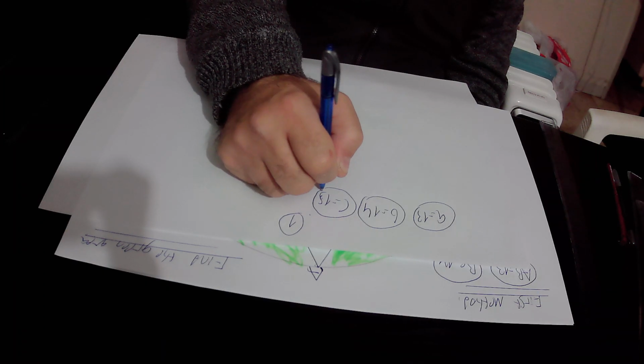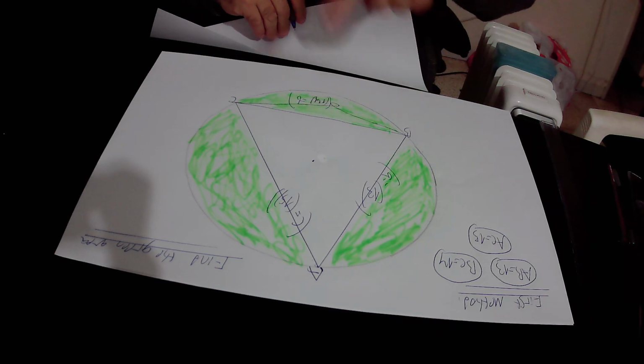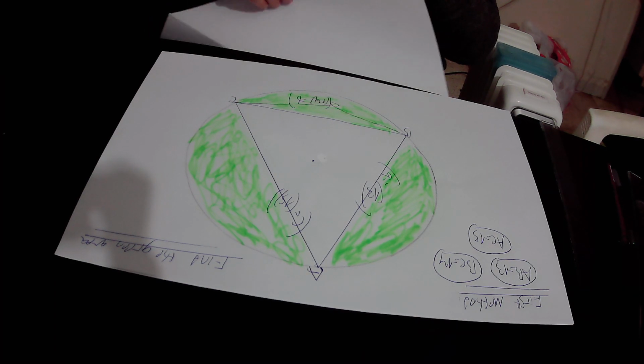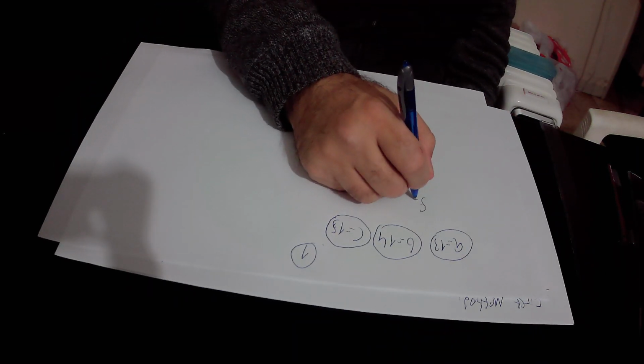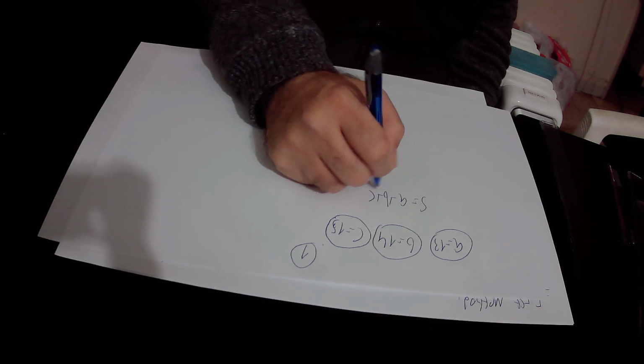In the next step, we calculate the semi-perimeter of this triangle, triangle ABC. According to the new formula, the semi-perimeter S of triangle ABC equals A plus B plus C over 2.